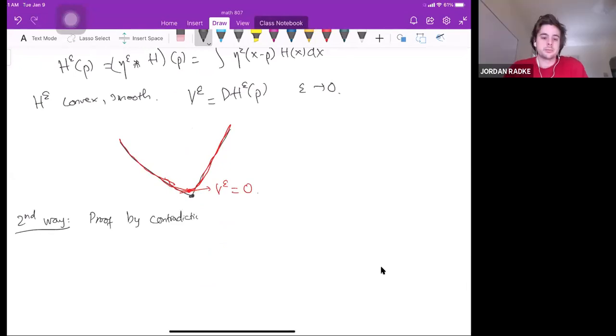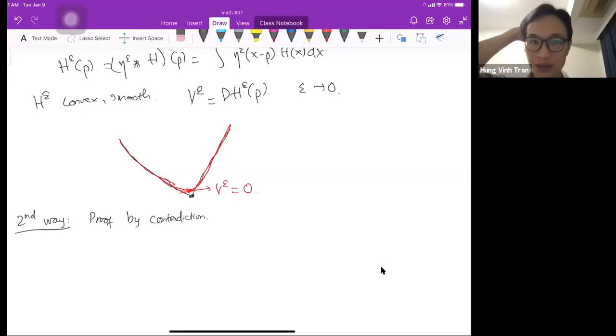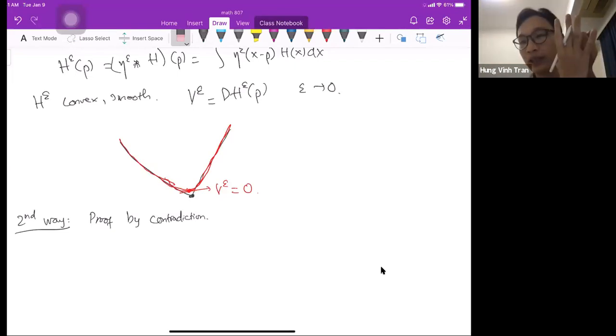Because you can assume that there's no way to touch the function there, and from there you can go about it in various different ways.